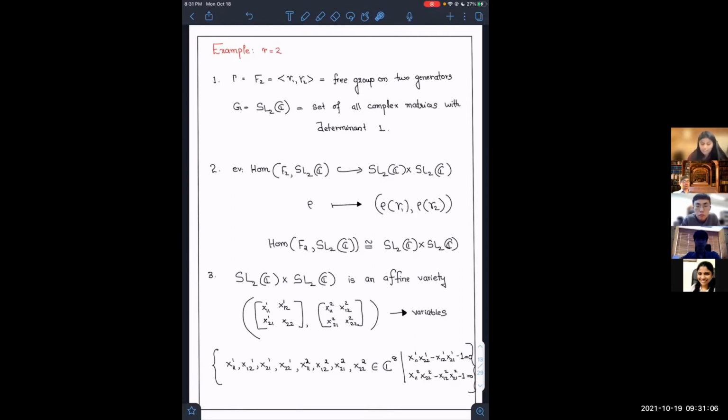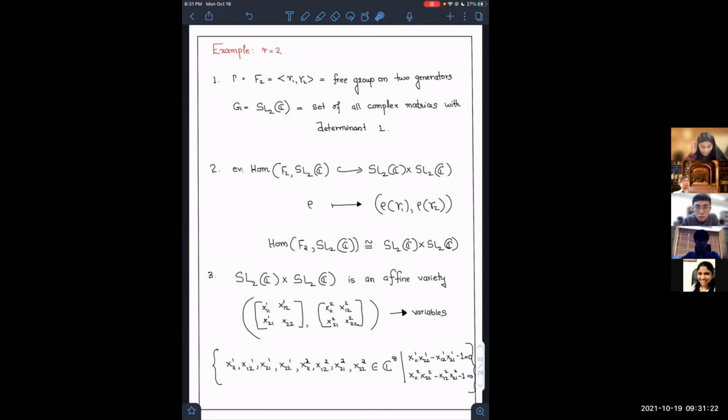Since, like I mentioned before, F2 is a free group, this map is a bijection.